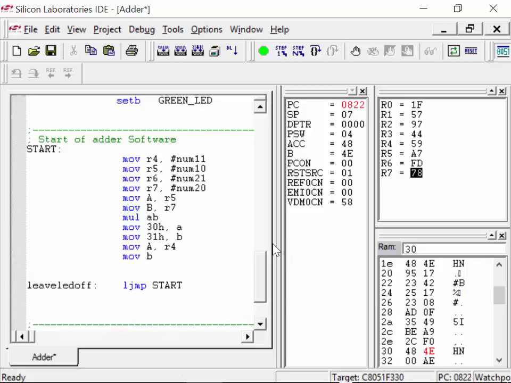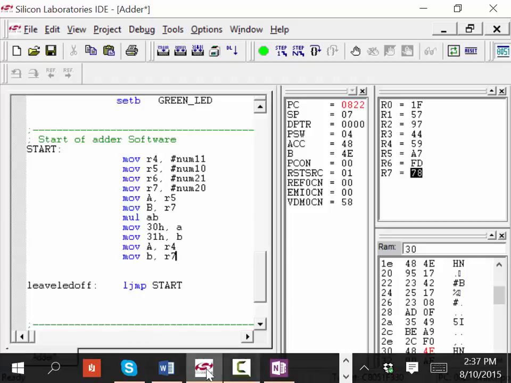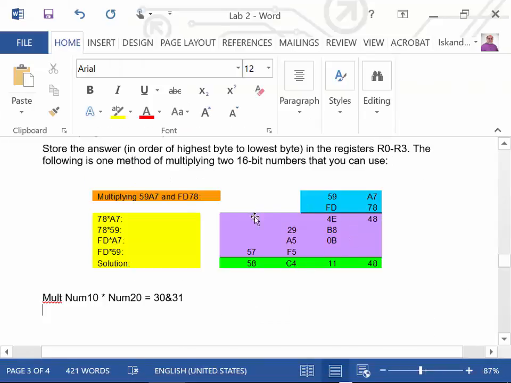Move B is R7 right there. Okay, because what we want to multiply at this point, let's go back to the instructions. We want to multiply 70 times 59.